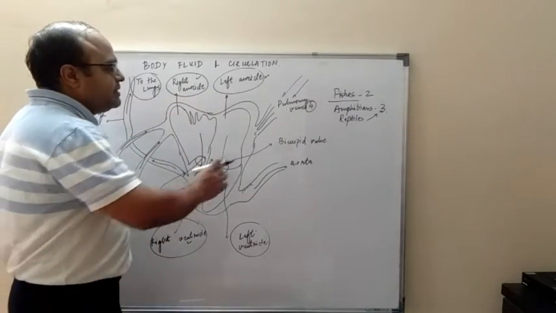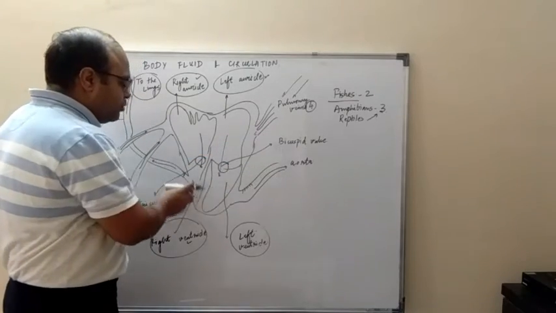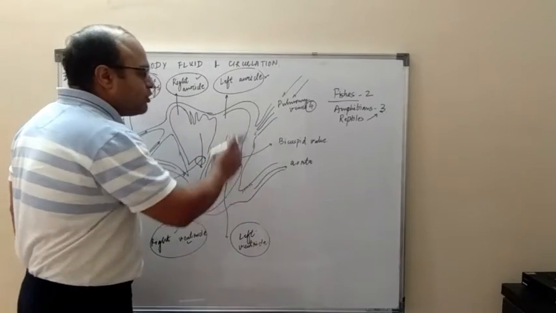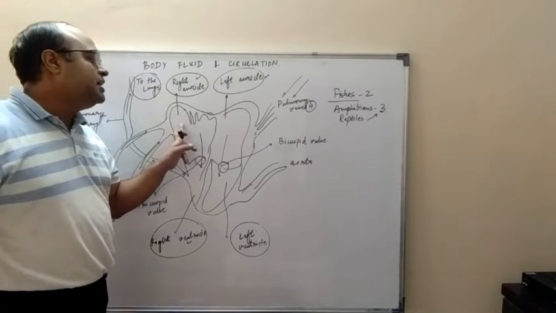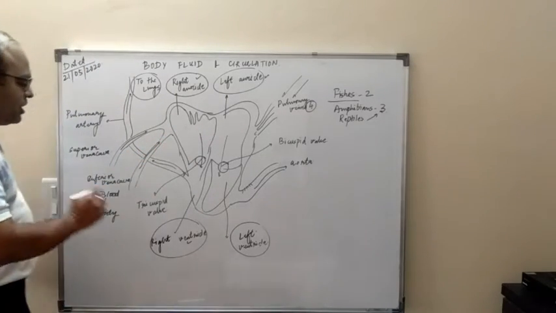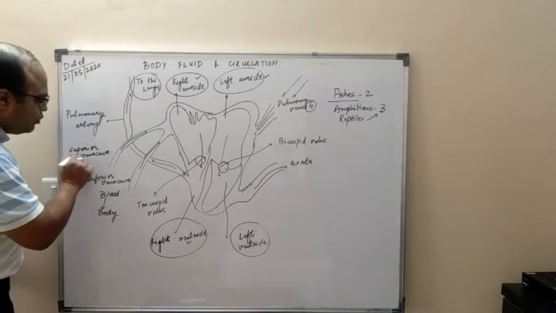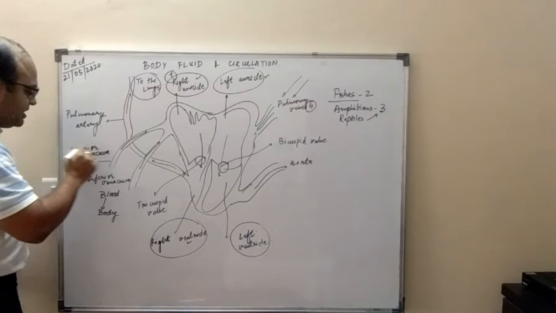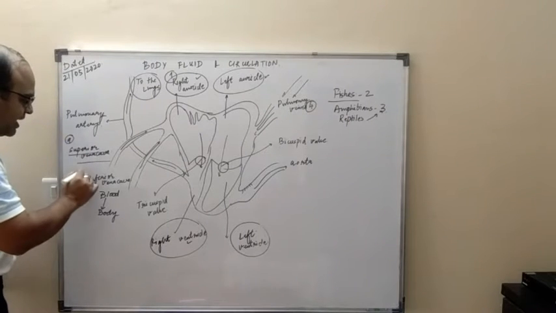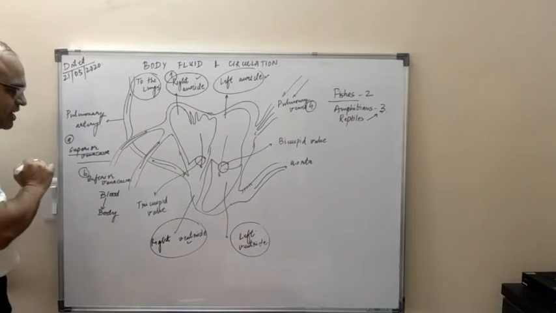Now let's consider the vessels which pour into them and the vessels which go out through them. First of all I am going to consider the right auricle. Here you can see that there are two vessels draining into the first chamber. These are the superior vena cava and the inferior vena cava.